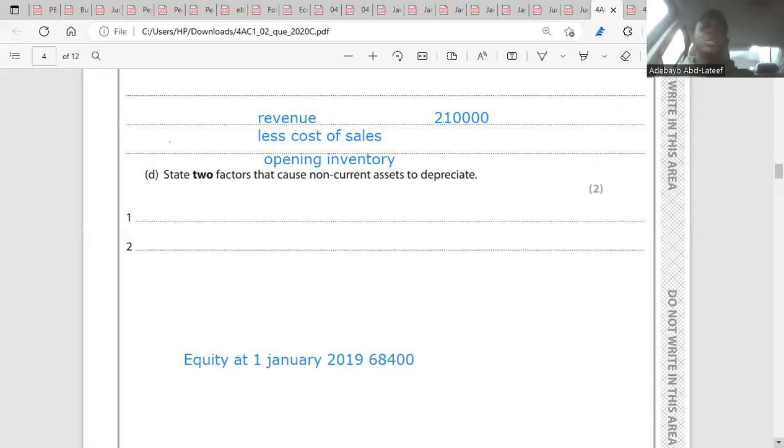Yes. Great. So these are considered non-current assets. So the question is saying, what are the causes of depreciation for non-current assets? Why will non-current assets depreciate, lose their value? They can lose their value based on the passage of time. Because over the years, the non-current assets will start depreciating. So the first factor is the passage of time.